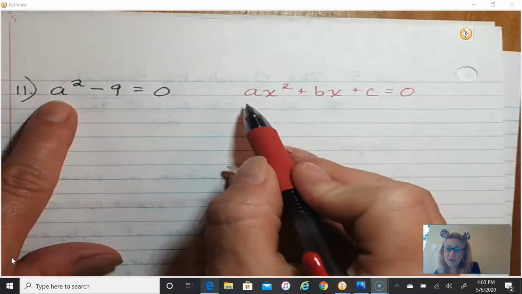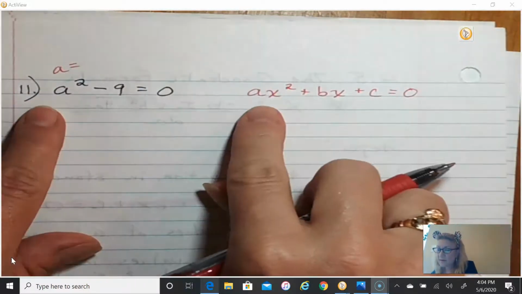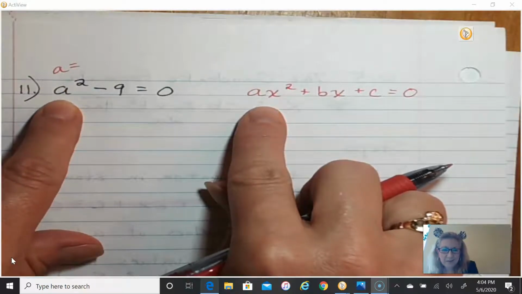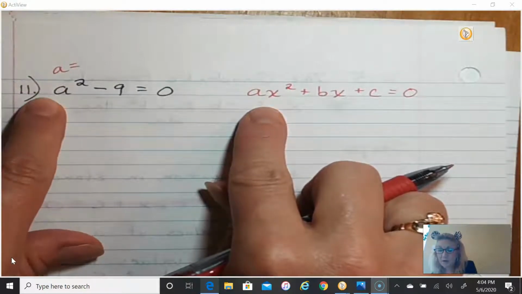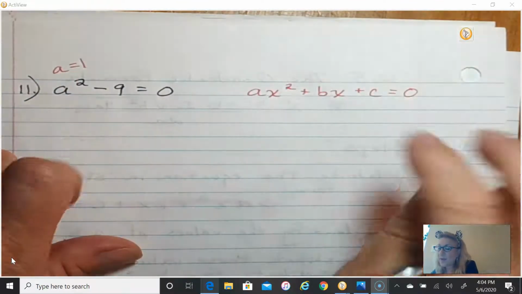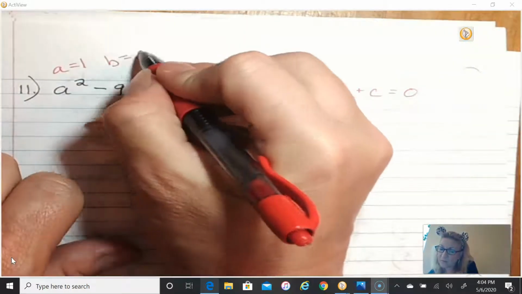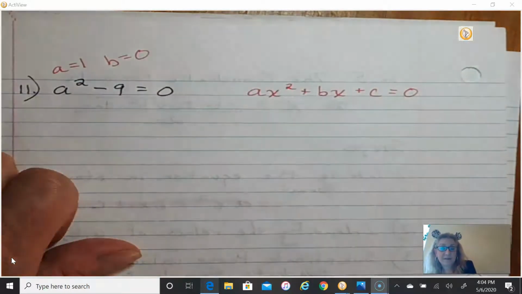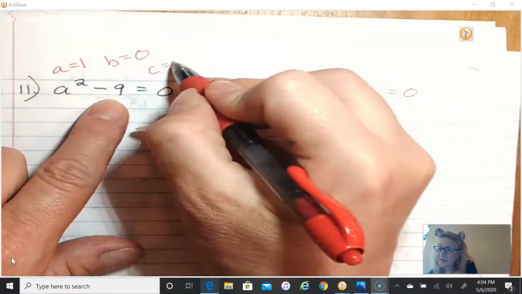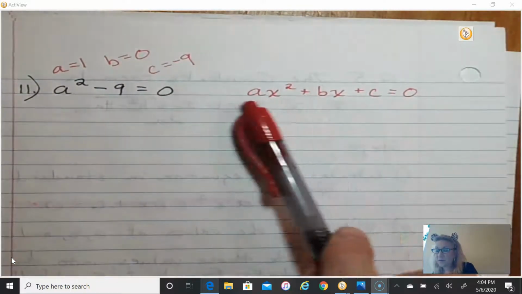So what would the a be? Pretend that that's an x, by the way. I don't know why they do that. It's 1. Is there a number here? No. So it's 1. Do we have a bx here? No. So it's 0, guys. It's 0. We have a c. C is negative 9. Okay? So here's the form.